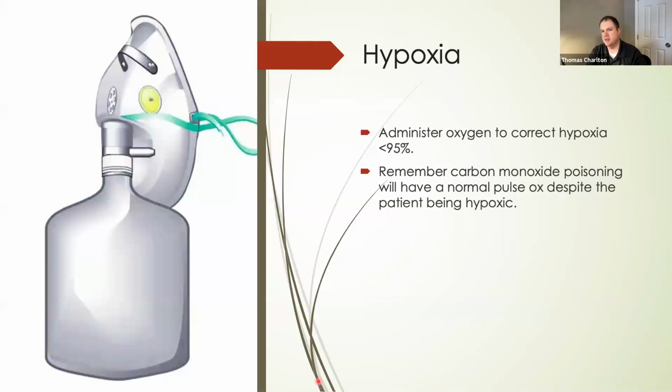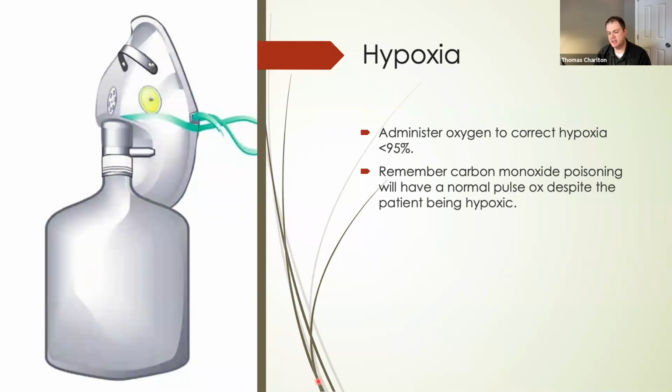Hypoxia will also cause this. So anybody who's got a pulse ox that's less than 95%, we want to make sure that we administer oxygen to them. Remember that there are other things that will cause you to have a falsely elevated pulse ox, like carbon monoxide poisoning. So if you have someone that you're suspecting has carbon monoxide poisoning, you need to get them on a non-rebreather so that you can begin to wash out that carbon monoxide.